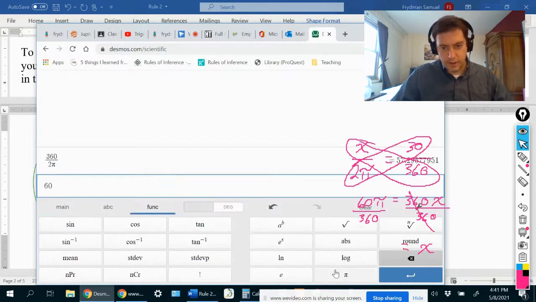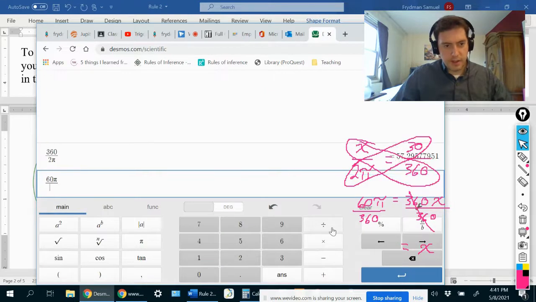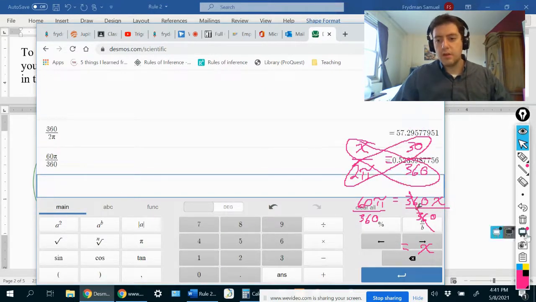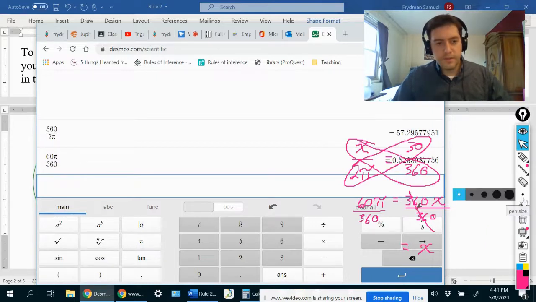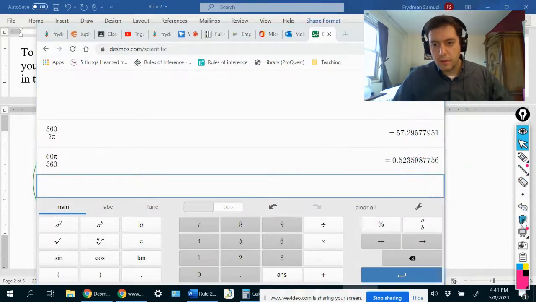Go over here to find the pi. Then divide by 360. Okay, and that's going to give me 0.5. About 0.5.